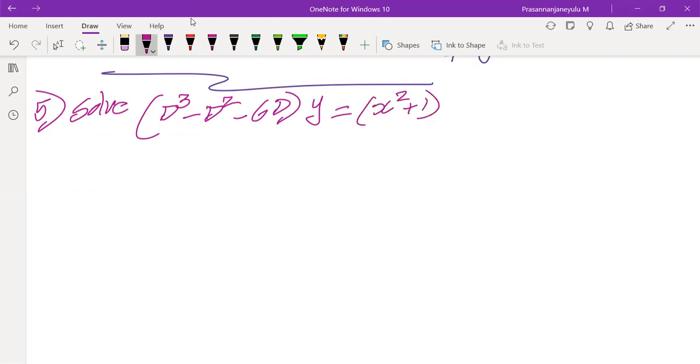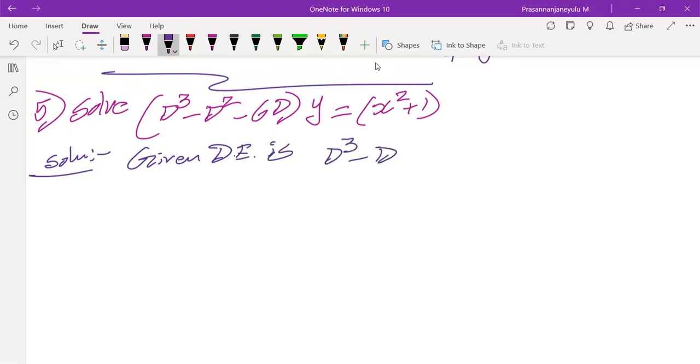Starting the solution. Given D cube minus D square minus 6D of y equals x square plus 1.